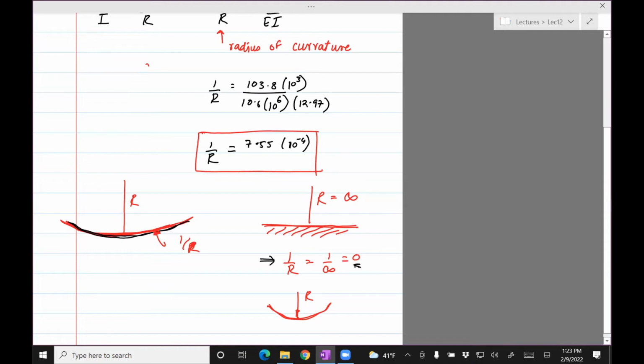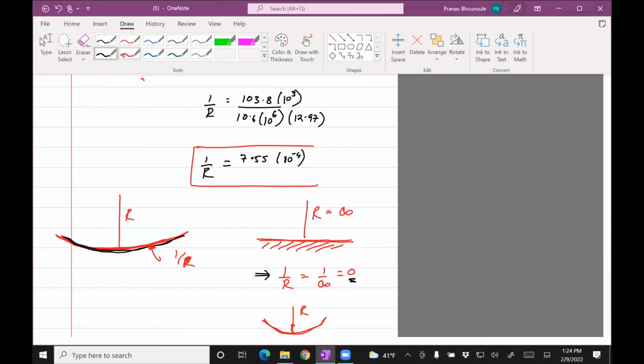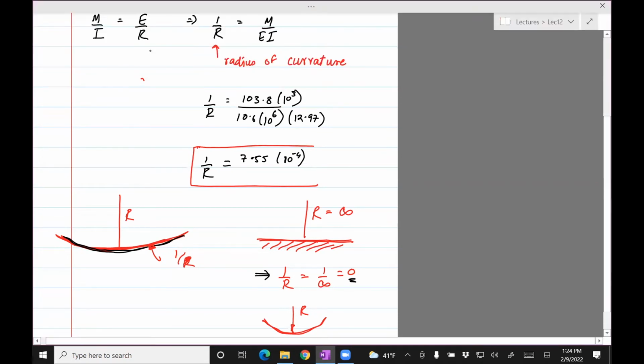In fact, the less the structure bends, the safer you'll feel. Oh, it does have a unit. I should have put that. It's inch inverse, right? Just the inverse of radius. So inch inverse in this case.